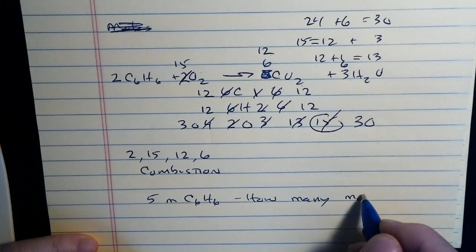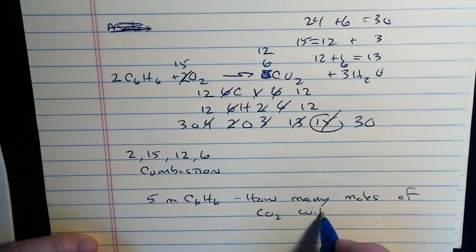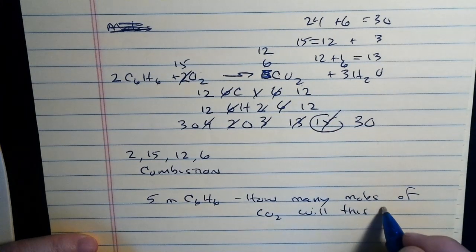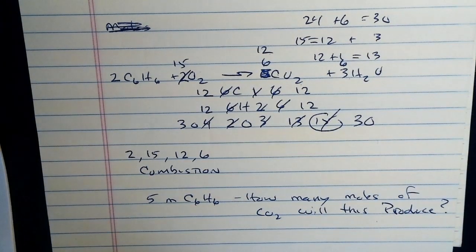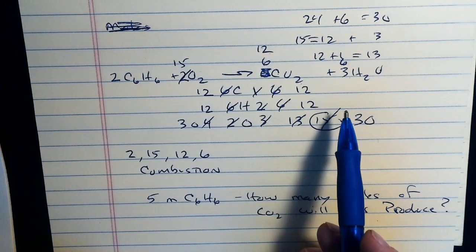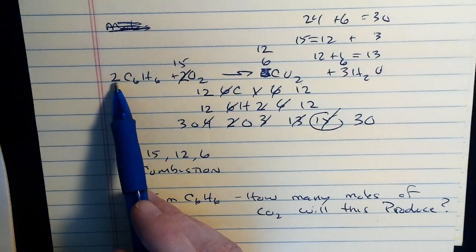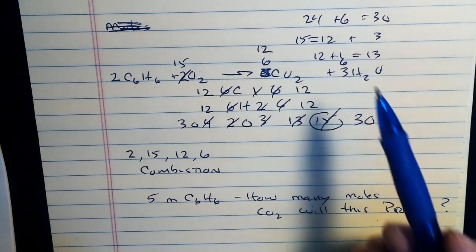How many moles of CO2 will this produce? Now you think it's going to be hard, but it's not. We've got our mole ratios right here. We get 2 moles of C6H6 in the balanced equation, and we got 12 moles of CO2.